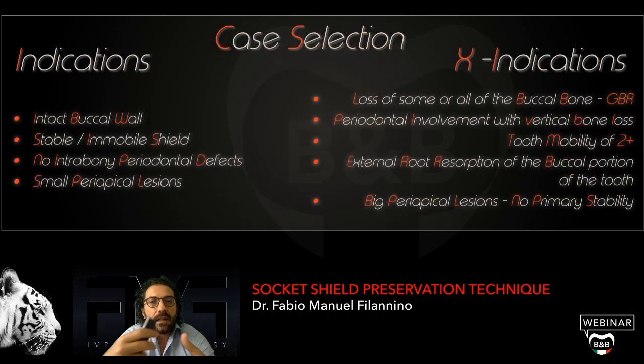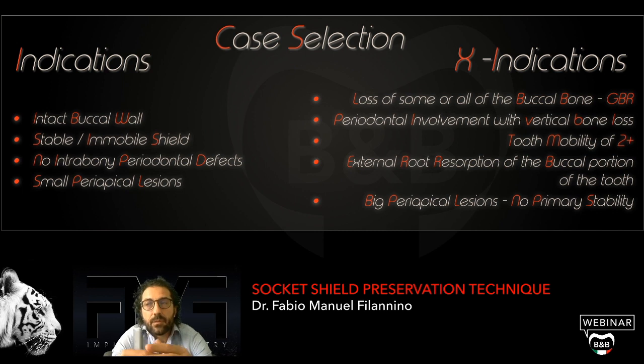So let's look at what are the indications and contraindications of the partial extraction therapy. We already saw in the root submerged technique that we need an intact buccal wall, a stable immobile shield, no intrabony periodontal defects, and small periapical lesions.